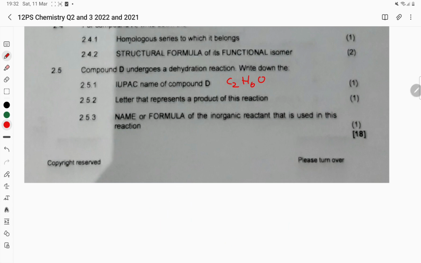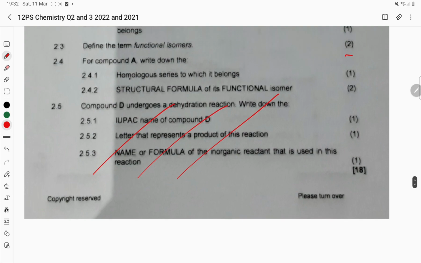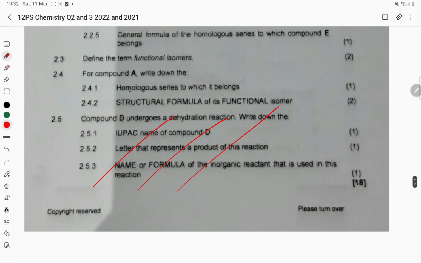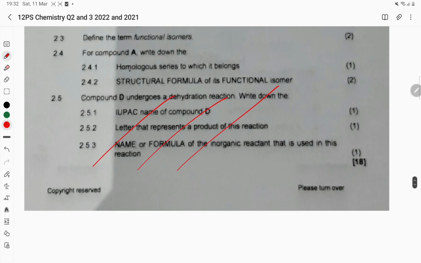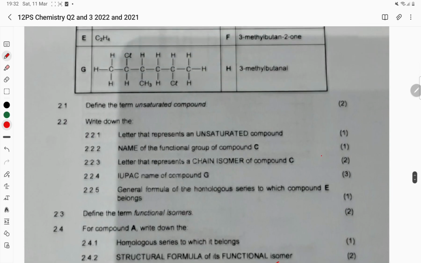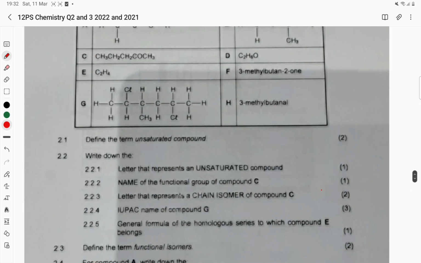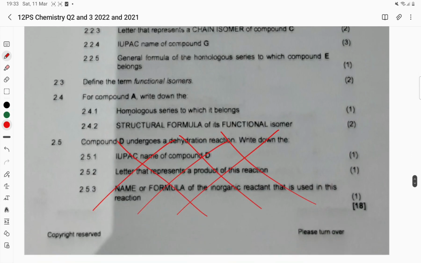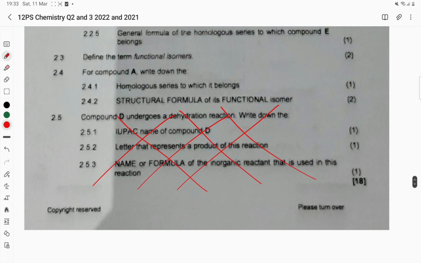I spoke a lot of nonsense. This is not an esterification reaction. Apologies about that. I just realized as I was going on, dehydration we haven't dealt with, so just leave it alone. I don't know why I thought that was esterification backwards. Anyway, let's carry on to the next question.